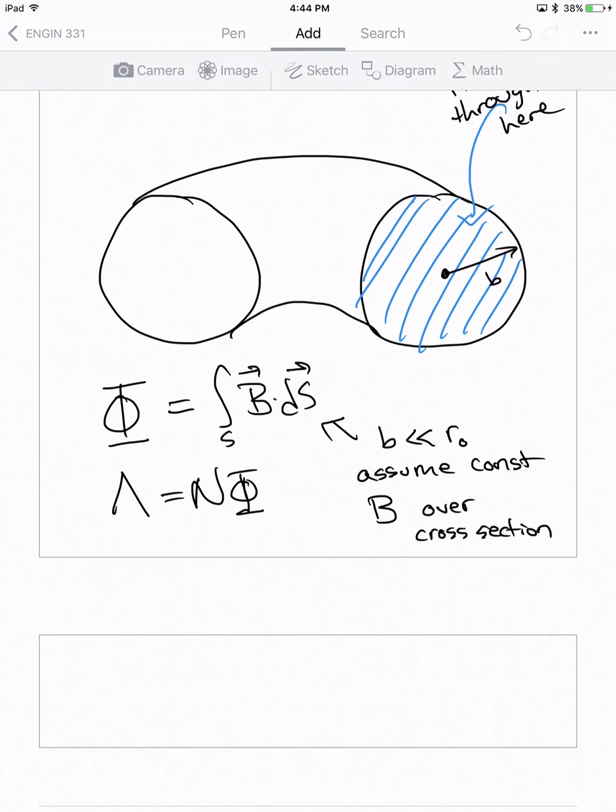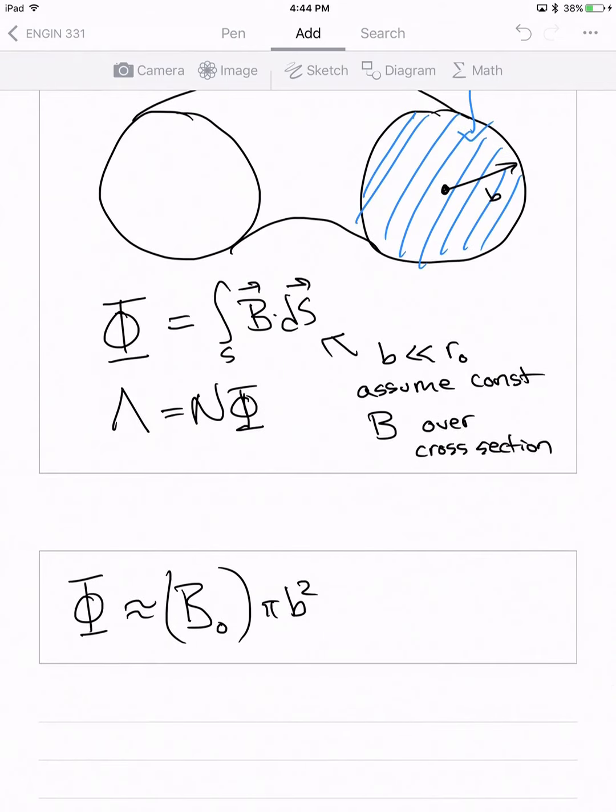In that case, the flux is approximately equal to B naught times pi b squared, because B naught is phi directed and dS is also going to be phi directed.